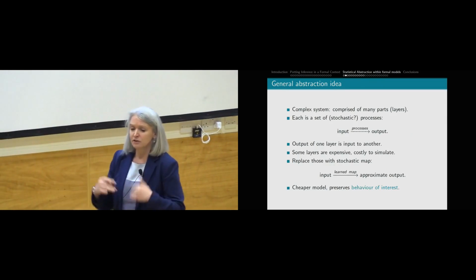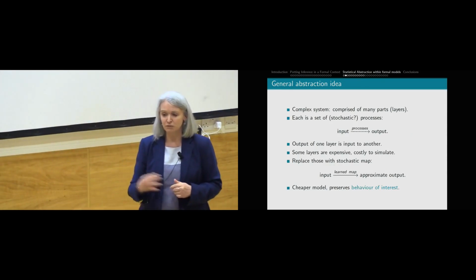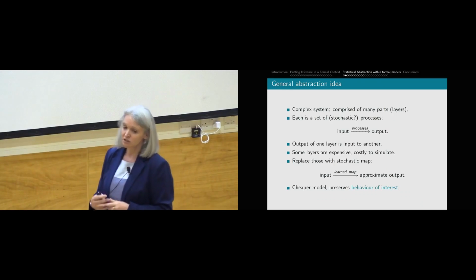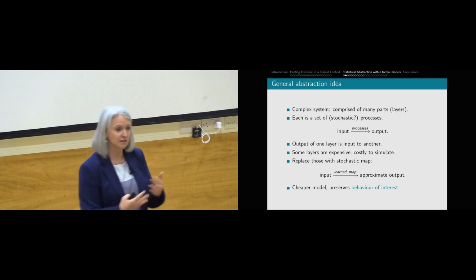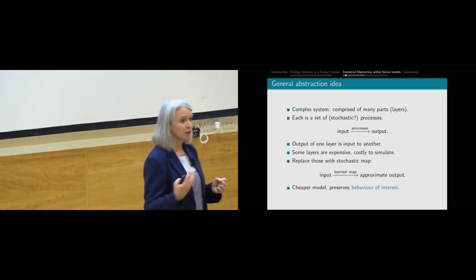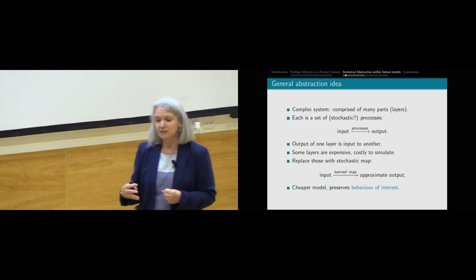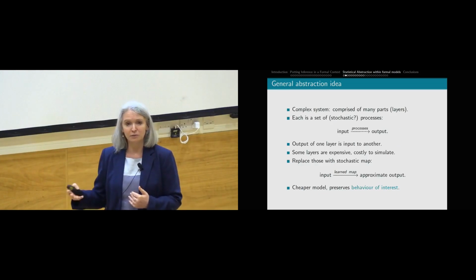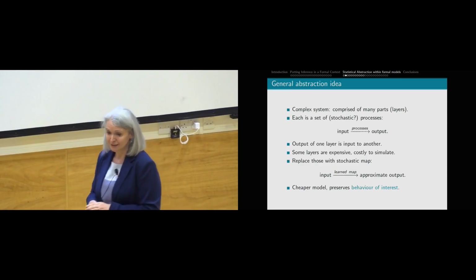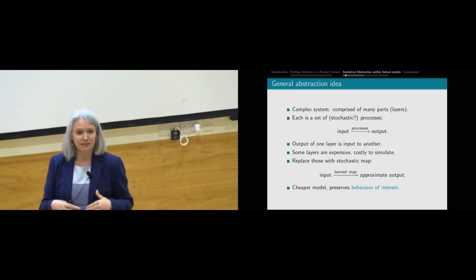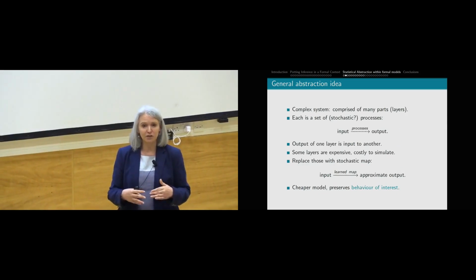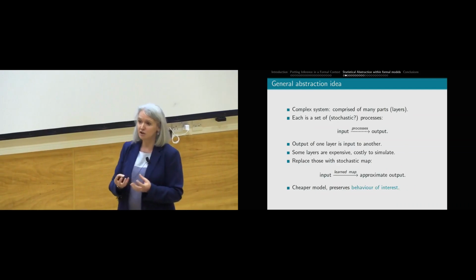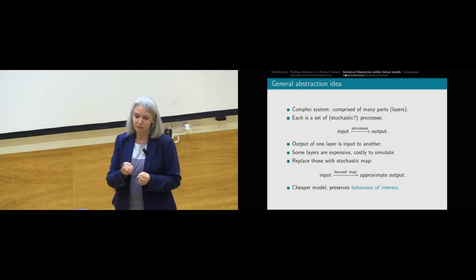So this is, as I say, looking at complex systems comprised of possibly many layers. We're just going to talk about two. And at each layer, we have a stochastic process that's looking at some kind of input and producing output. And the output of one layer will be the input to the next layer. So in terms of our bacteria, we have an internal layer that's looking at the biochemistry and how that makes the conformation of the bacterium.